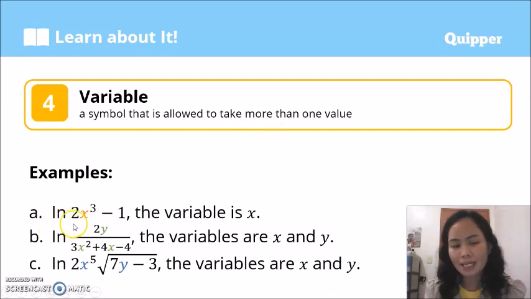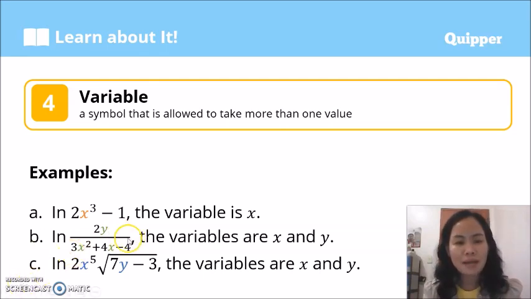In example A, in 2x cubed minus 1, the variable is x. Okay? Madalas, yung ginagamit as variables are the letters in the alphabet. So, A, B, C, D, E, F, X, Y, Z. No? Pero pinaka-common talaga na ginagamit as variables are x and y. Okay? X and y.